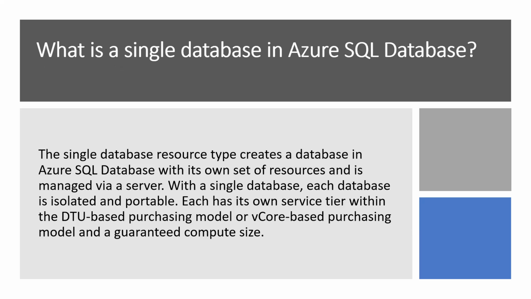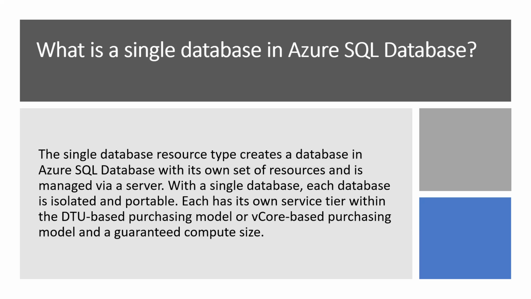A single database is similar to a contained database in the SQL Server database engine. A single database resource type creates a database in Azure SQL database with its own set of resources and is managed via a server. So when we deploy this single database using Azure portal, we can see the options.